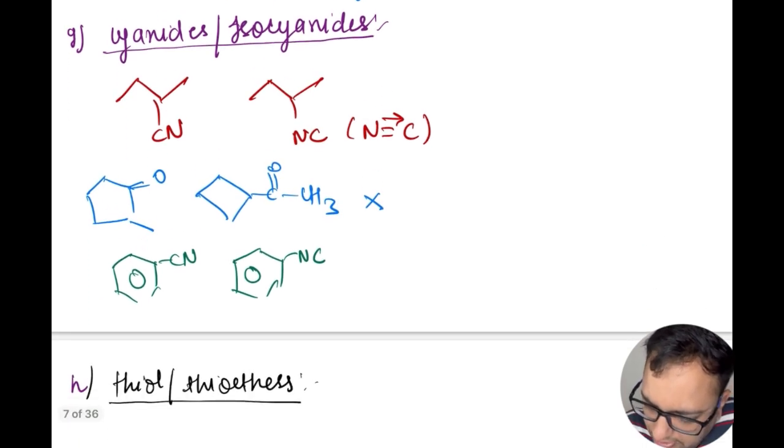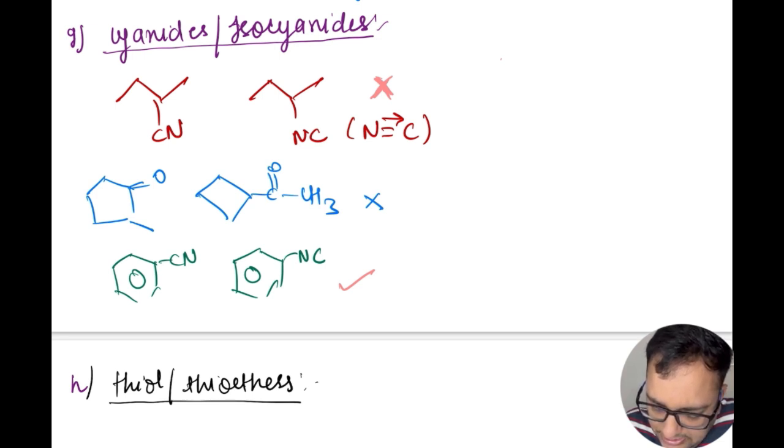One more important thing. This is our functional group isomer, but this cyanide and isocyanide, is this not our functional group isomer? Why would these not be functional group isomers?